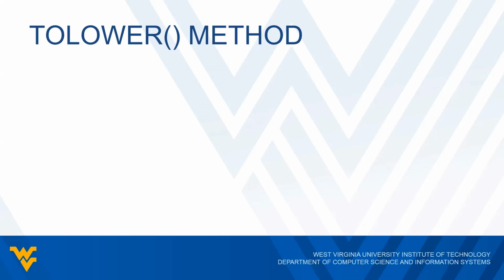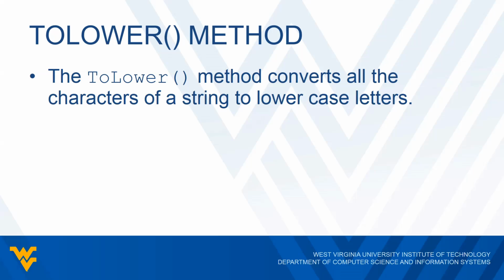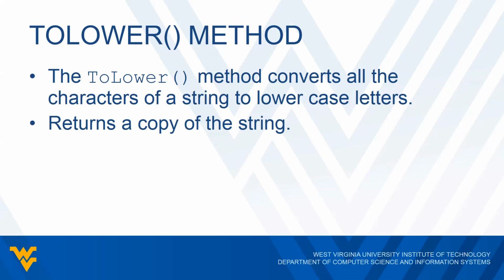We also have the toLower method, and you can probably guess what this method is going to do. Yeah, that's a good guess. This method is going to convert all of the characters in the string to lowercase letters. So if there were any uppercase letters, they now become lowercase letters. And just like the toUpper method, this is going to return a copy of the string. We're not actually changing the string itself.